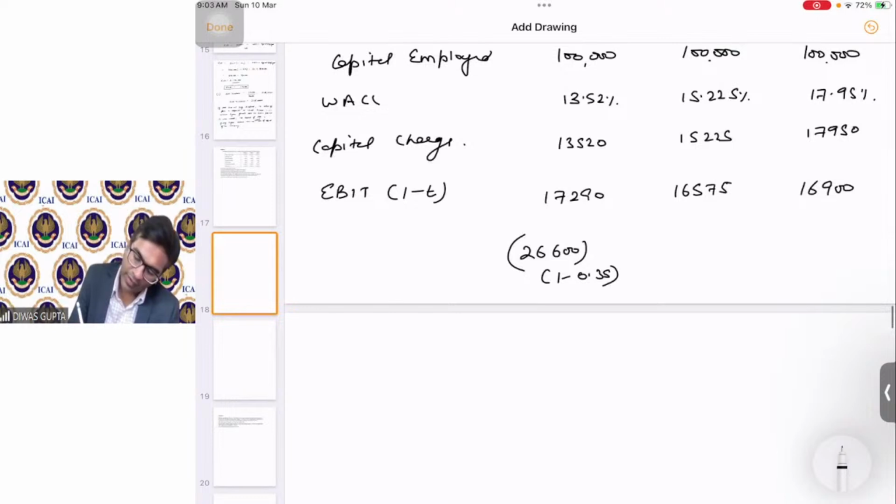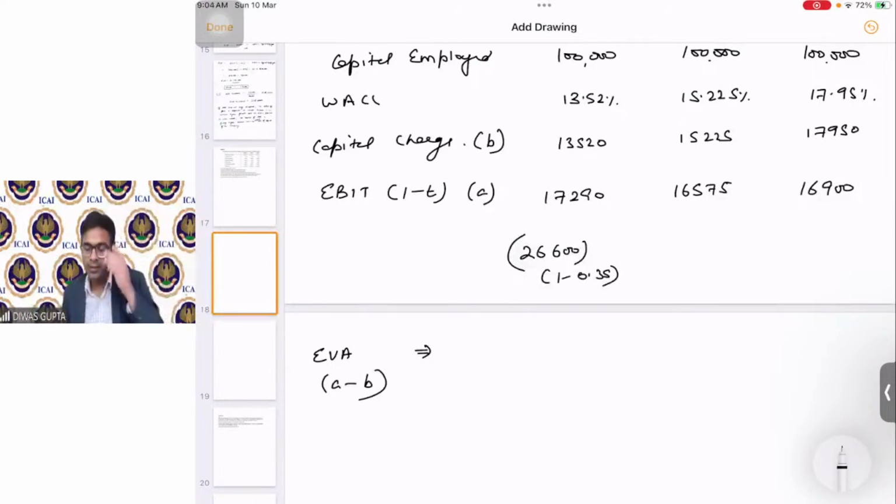Now, EVA will be, let's say this is B and this is A. So A minus B is equal to 17,290 minus 13,520, which is 3,770. 1,350 minus 1,050.